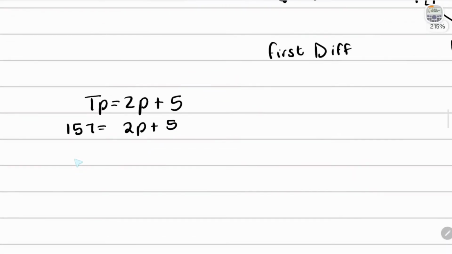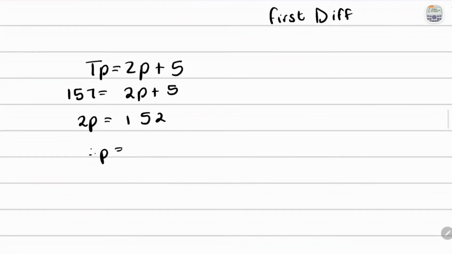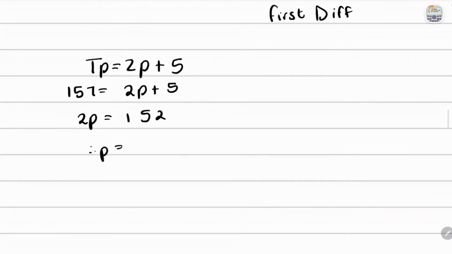And then if you take 5 over, transpose it, you're going to have 157 minus 5, which is 152. So we're saying 2p equals 152. And if you divide both sides by 2, we get 76.